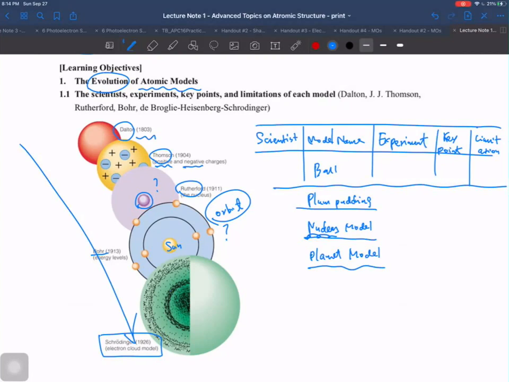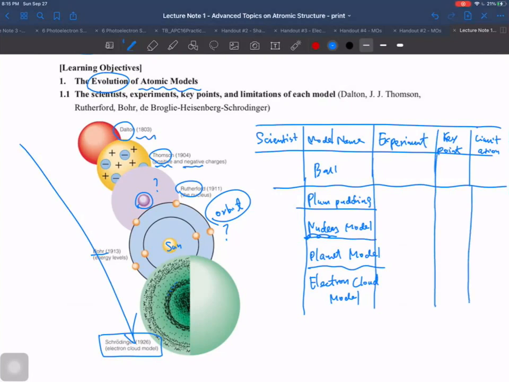We use black dots to describe the probability of the electrons staying or showing up in a certain place. So we call it the electron cloud model. Yeah, so those are the 5 models. And then after class, you can take some time to work on the other parts.